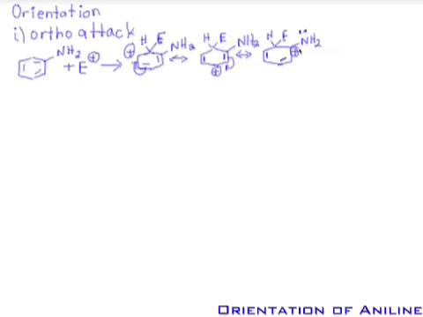Now this positive ends up next to a nitrogen who has a lone pair. The lone pair can dump in, and I can get this structure.